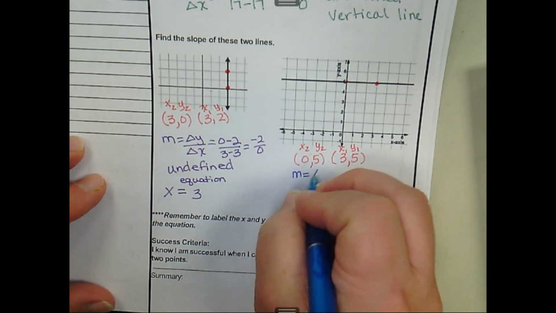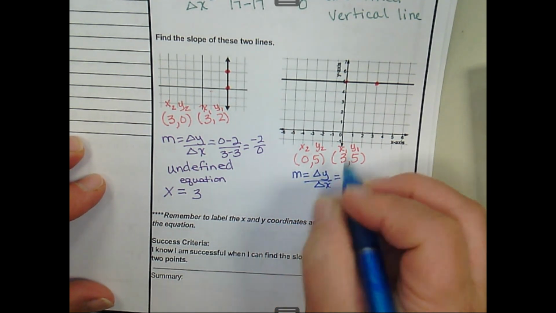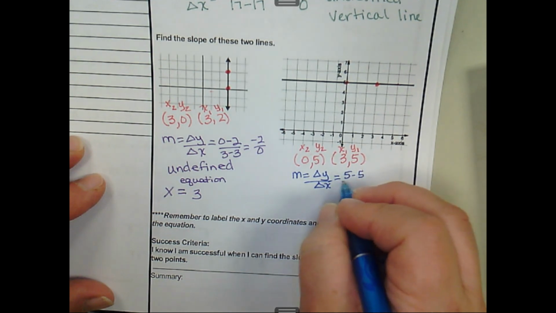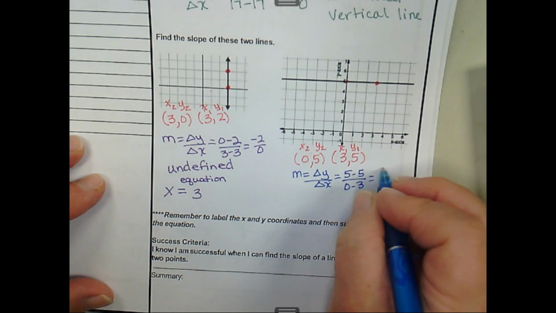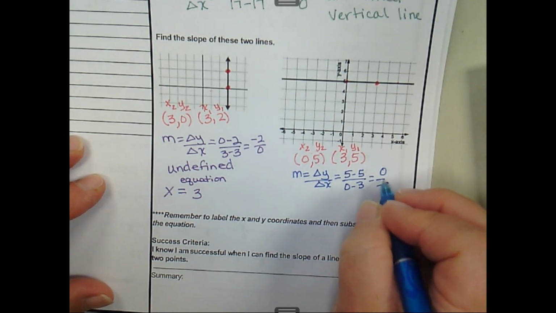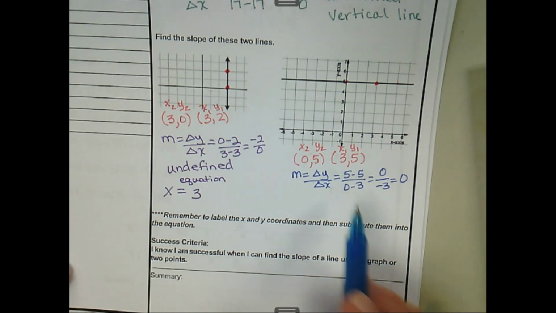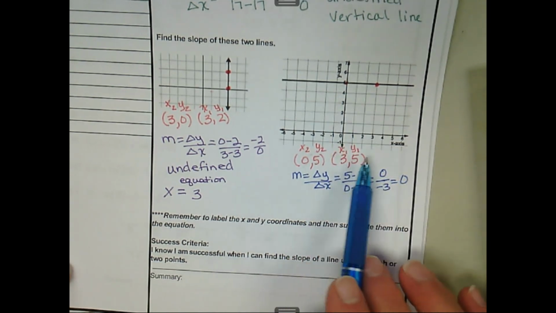You're looking at the change in y over the change of x. 5 minus 5 over 0 minus 3. 0 over negative 3, and that gives me a slope of 0. Okay, so as I'm looking, this one is 0, 5.